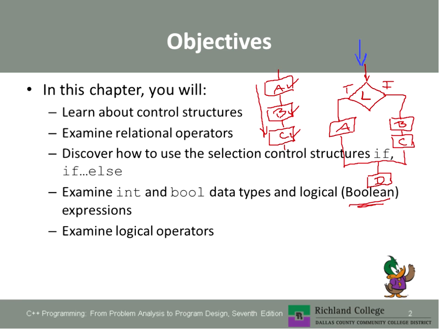And if we do not have the proper data to test our code with, you might only be testing this path, which is A and D. You might never test the false side of this selection statement.